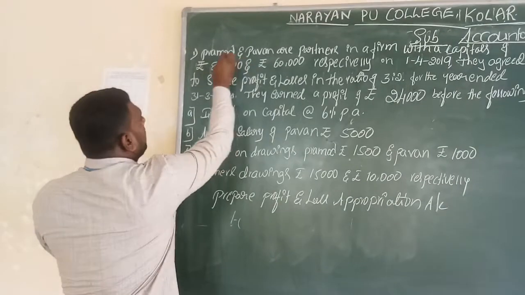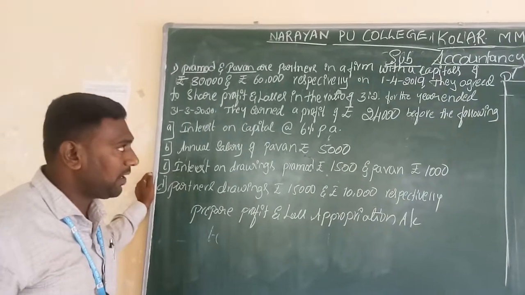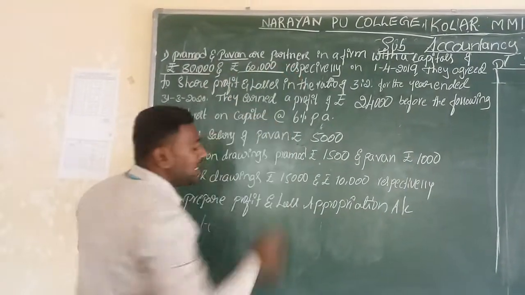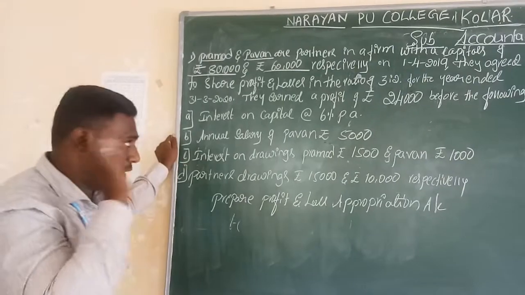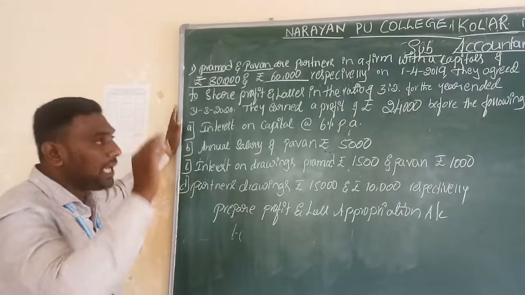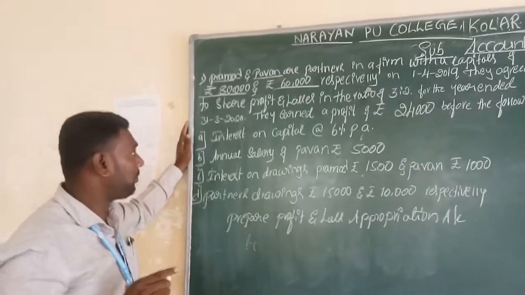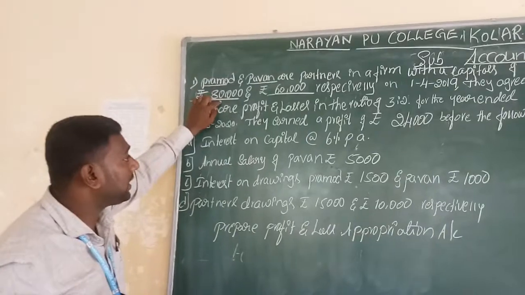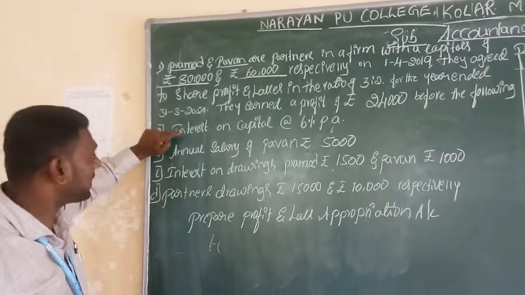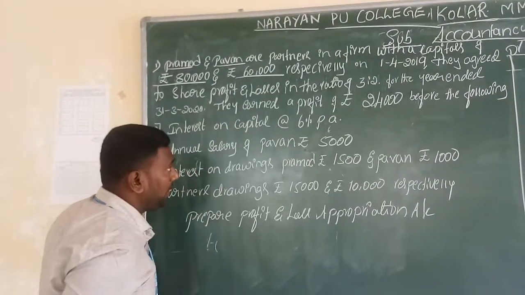Pramod and Pawan are partners in a firm with capitals of rupees 80,000 and 60,000 respectively. So the capital details are given, but in our appropriation account we won't consider the capital itself. With the help of this capital, we have to calculate the interest. For that purpose, we need the total capital, so we have to underline this.